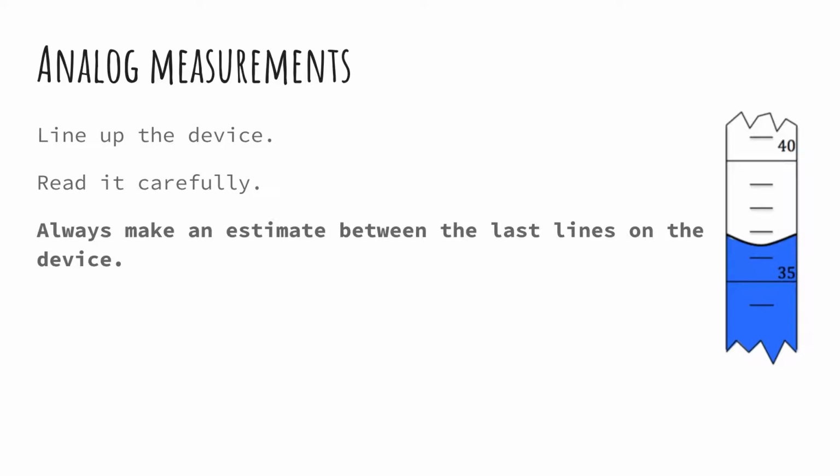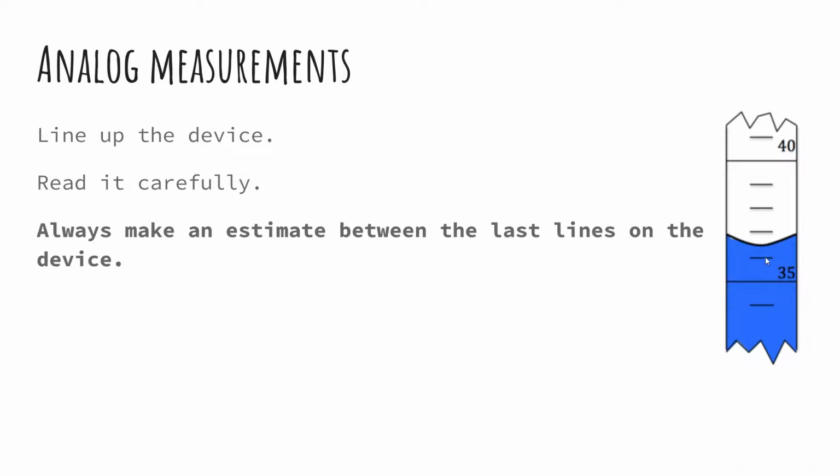So what you do is you look at where the line falls, where the measurement falls, and you make an estimate. So over here, we're looking at fluid in a graduated cylinder. And that graduated cylinder is reading that the fluid is somewhere between 35 mils and 40 mils. 35 milliliters, 40 milliliters.